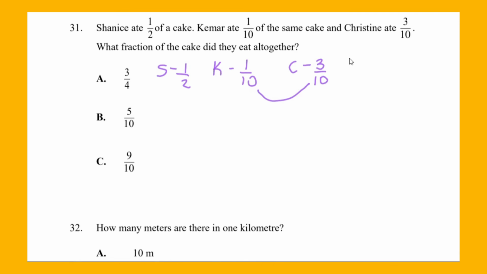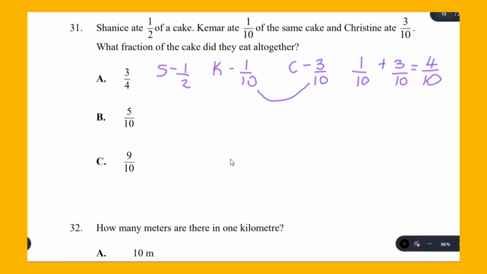they are like fractions. So 1 over 10 plus 3 over 10 is equal to 4 over 10. Good. The denominators are the same, so we're going to keep the common denominator and add the numerators.